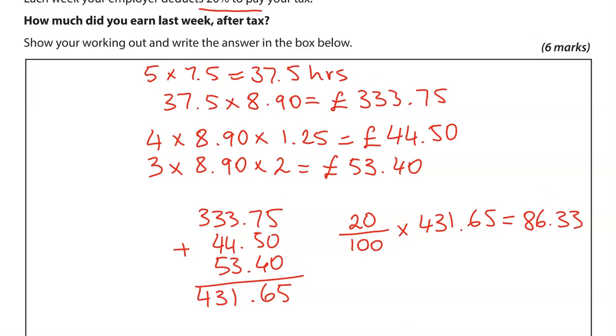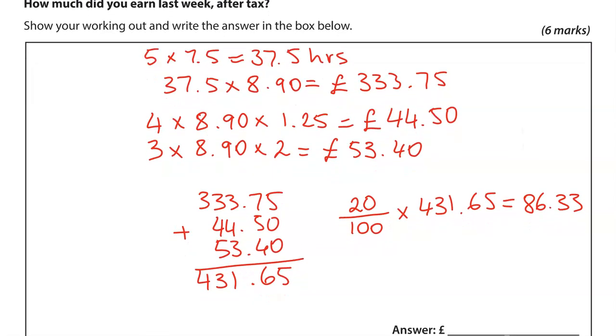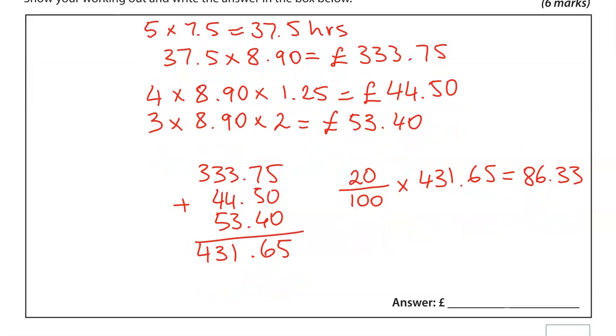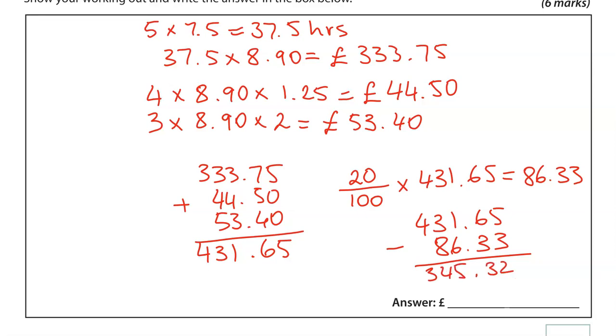And the question is, how much did you earn last week after tax? So we're going to take away the £86.33 from the £431.65, which gives us £345.32.